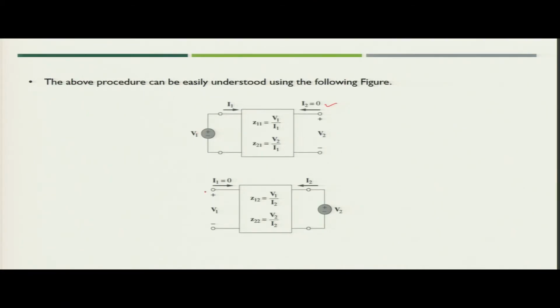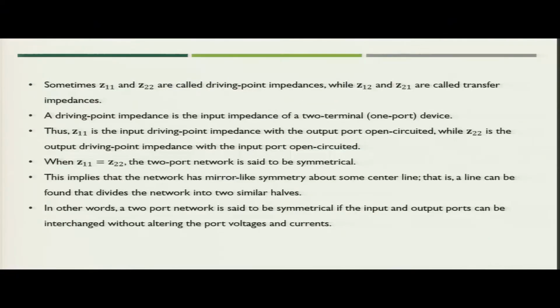Similarly, if you keep the input port open circuited, that means I1 equal to 0, then you will get Z12 as V1 upon I2 and Z22 as V2 upon I2. So, these two figures summarize how we can calculate the values of the impedance parameters.